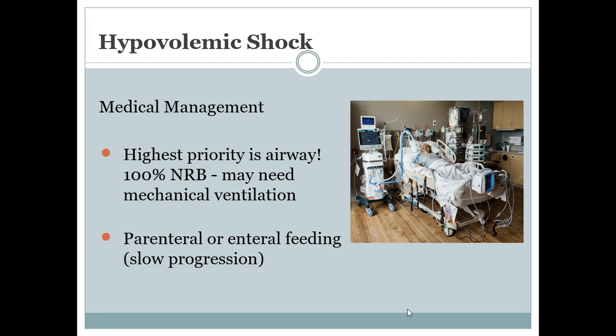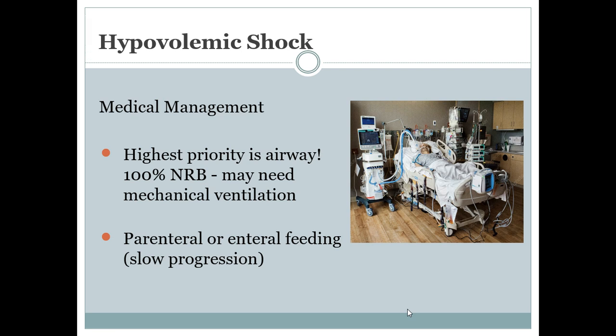So for medical management, the absolute highest priority is always going to be our airway. So you might need to do 100% non-rebreather. They may need to be mechanically ventilated. And then with these patients too, if it is, say, nutrition related deficit, then you might start a slow progression of parenteral or enteral feeding.